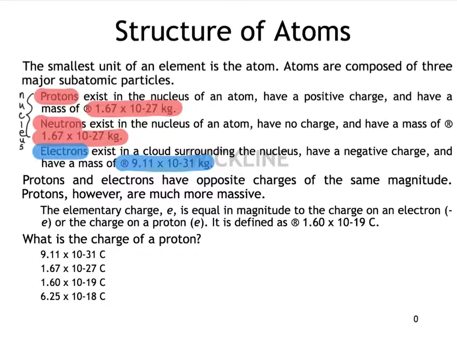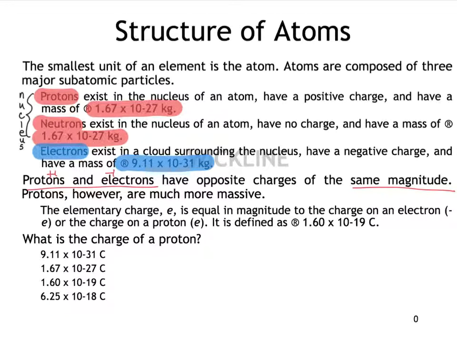Keep in mind that not only do protons, neutrons, and electrons have mass, but they also have charges. You should know that protons and electrons have opposite charges, but that their charge is the same size. Now in chemistry, we would just use +1 for a proton and -1 for an electron.